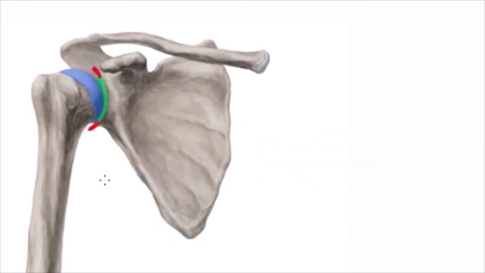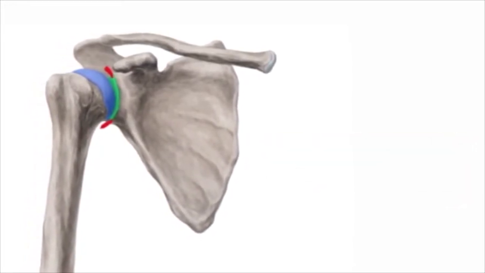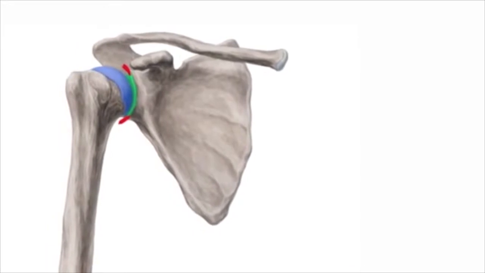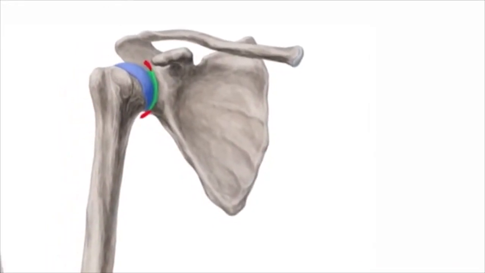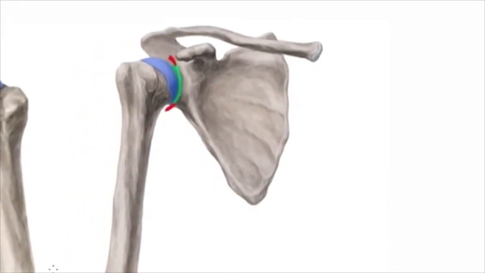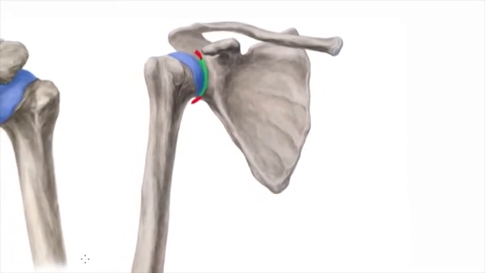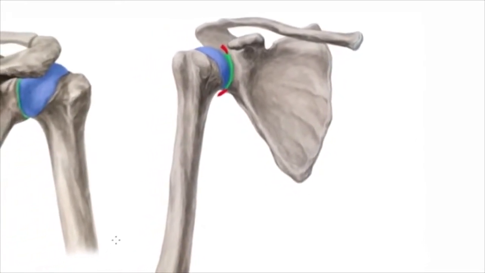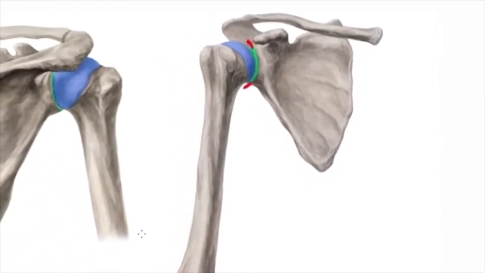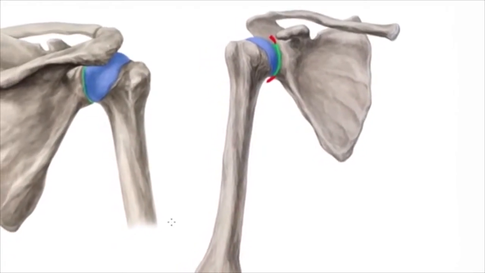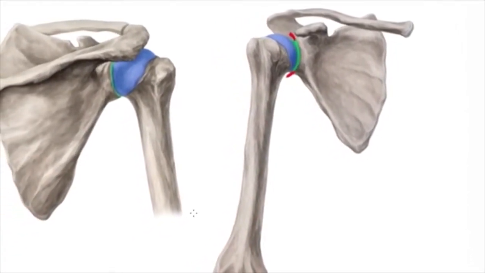Now, it's important to know that the size of the articulating surfaces has an advantage. It allows an increased range of shoulder motion, but it also has a disadvantage, and that is that it compromises the stability of the joint. That's why there are always a lot of problems associated with it.